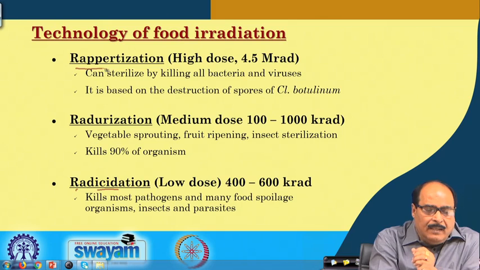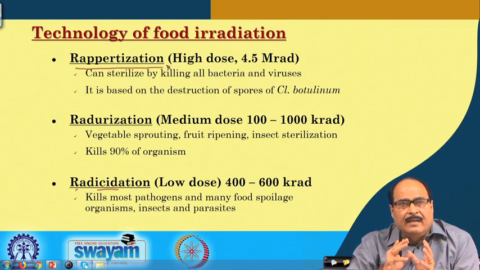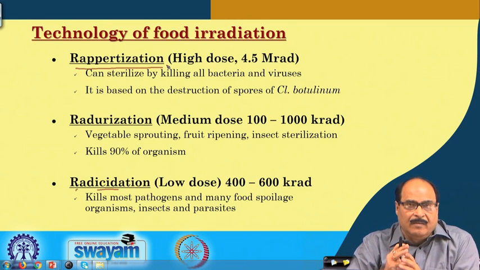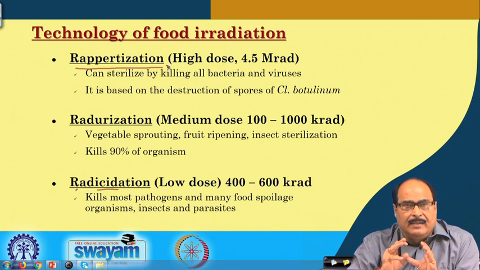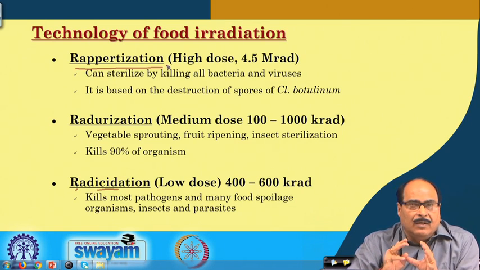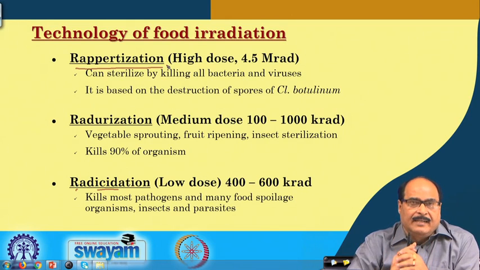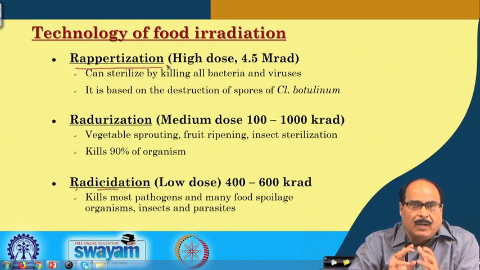Radappertization is radiation sterilization, that is, complete removal of microorganisms or biological forms of the causative agents is targeted here. Obviously, this process needs a higher dose, maybe to the tune of 4.5 million rad or even more.